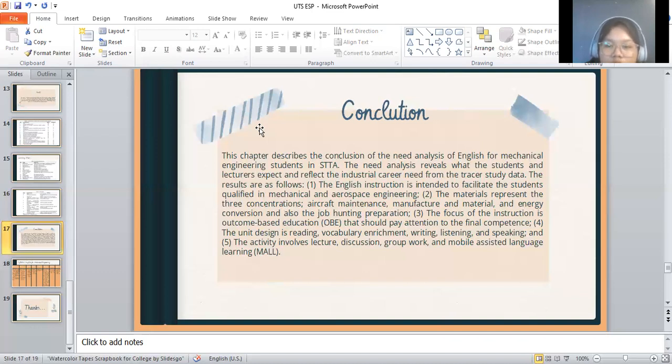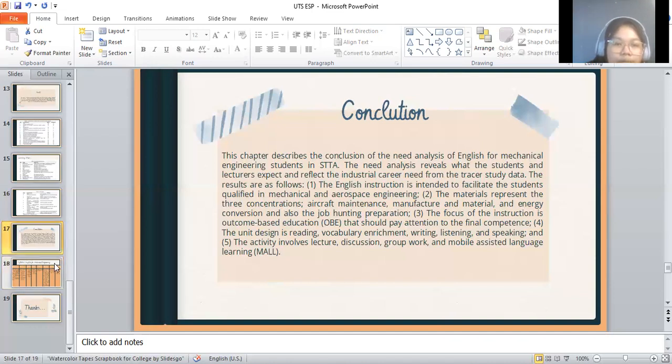Third, the focus of the instruction is outcome-based education that should pay attention to the final competence. And fourth, the unit design is reading, vocabulary enrichment, writing, listening, and speaking. And fifth, the activity involves lecture, discussion, group work, and mobile assisted language learning or MALL.